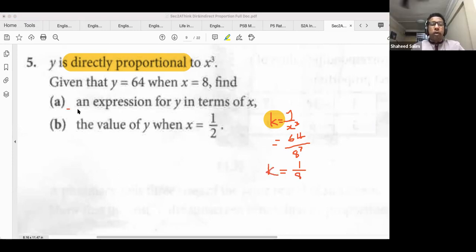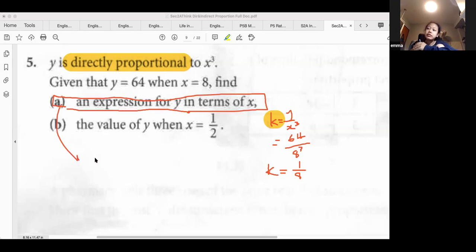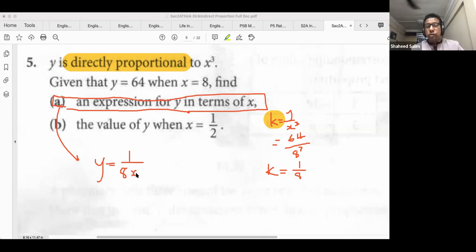Okay, this one now. The equation: y equals 1 over 8x cubed. You write it like this. Don't write it like this, because this one means the 8 cubed is on top. We know this x cubed is below. So this is the answer for number 1.